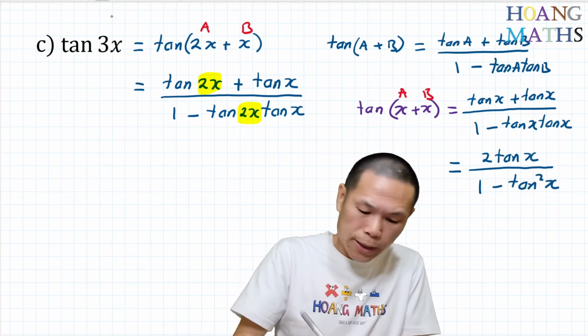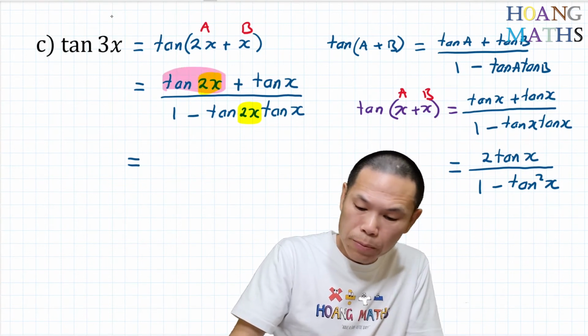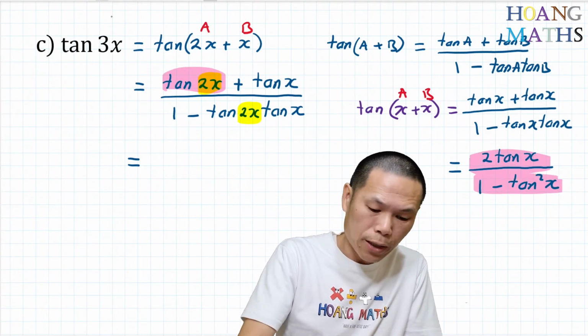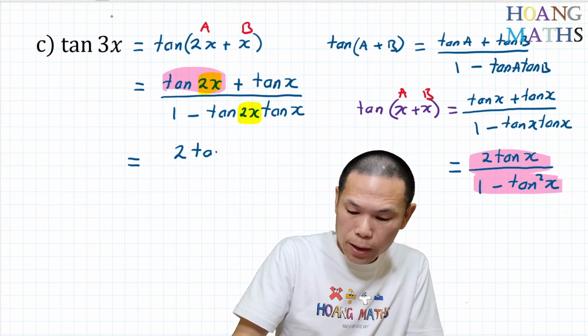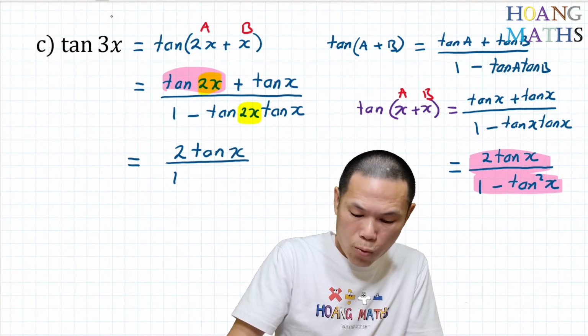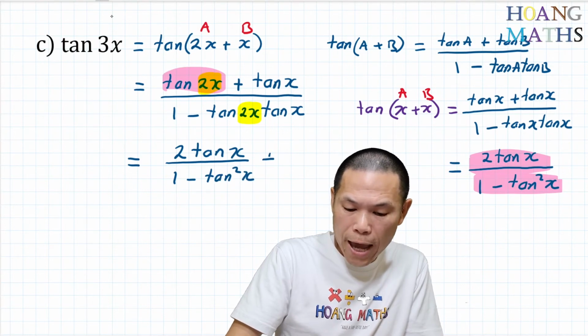So let me just write this down. So that will give me, so this term here is this, okay? Because this is tan of 2x. So that will give me 2 tan of x over 1 minus tan square of x. And we add tan of x.